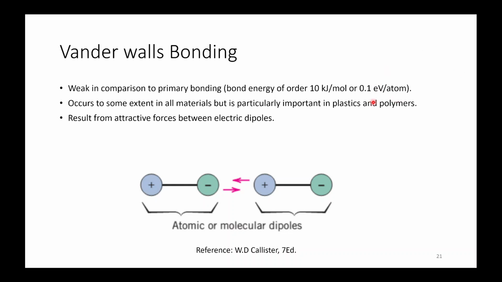So it is very weak compared to that. It occurs to some extent in all materials, but is particularly important in plastics and polymers, and it results from attractive forces between electric dipoles. So if there is dipole formation in some atoms, then between those there will be formation of van der Waals bonding.